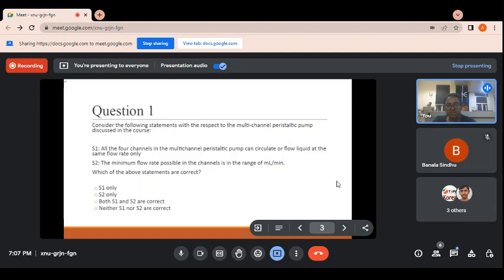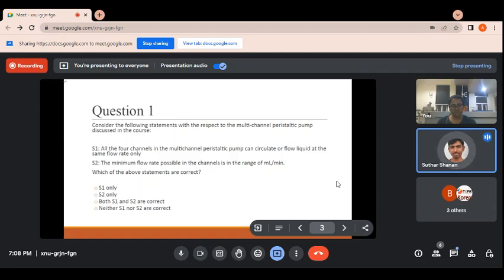The first option is statement 1 only, the second is statement 2 only, the third is both statement 1 and statement 2, and the fourth is neither statement 1 nor statement 2. At first go through the question carefully and try to give the answer. At least try now. Take some time.